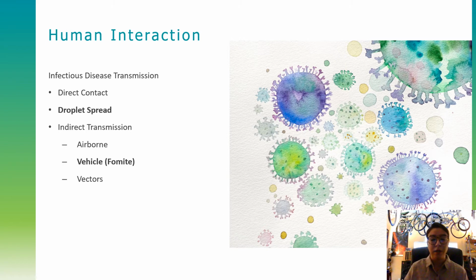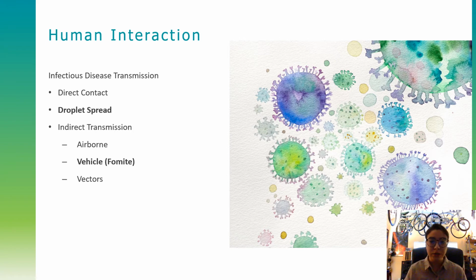And so there's a couple different ways that through our material and design selection, we can help prevent these. That's why I've highlighted droplet spread and vehicle, because as architects or designers or engineers, we can't control if people are hugging in the space, but we can help prevent some of the interactions that we know are going to be occurring, such as the barriers between the cashier and the customer.